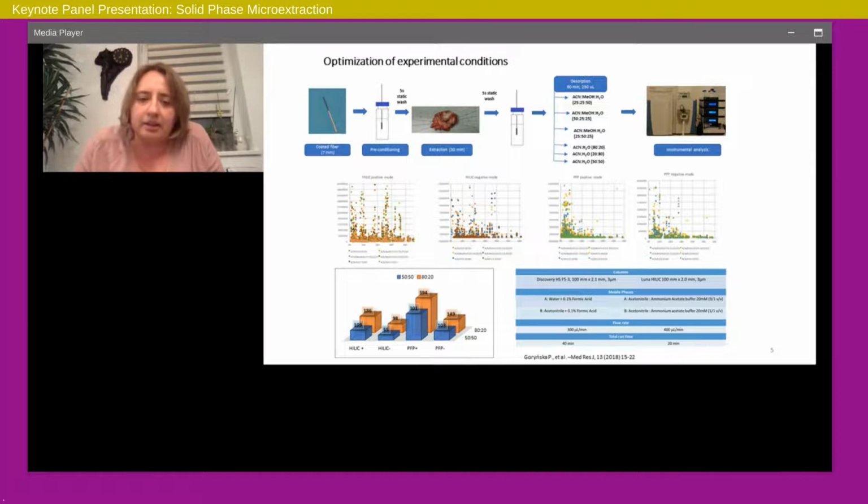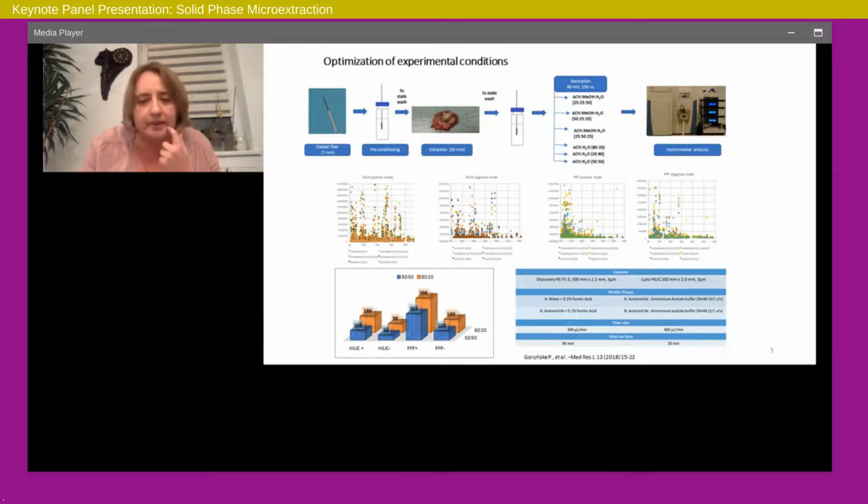You can see in the middle figures how many features we were able to extract. Even with just a 7 millimeter fiber and half an hour sampling, we've been able to extract hundreds of compounds. And we always run in HILIC mode and reverse phase mode just to increase the coverage of analytes.